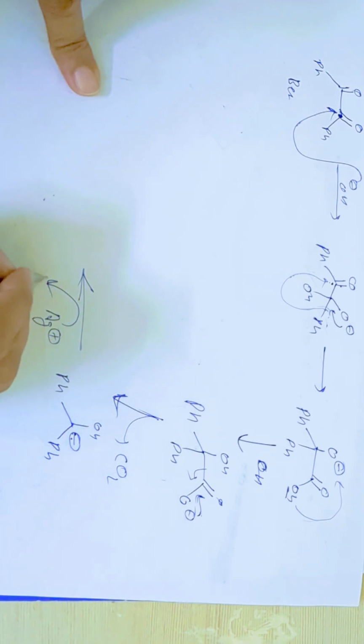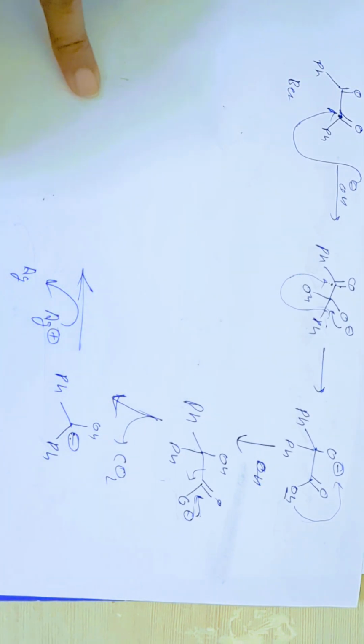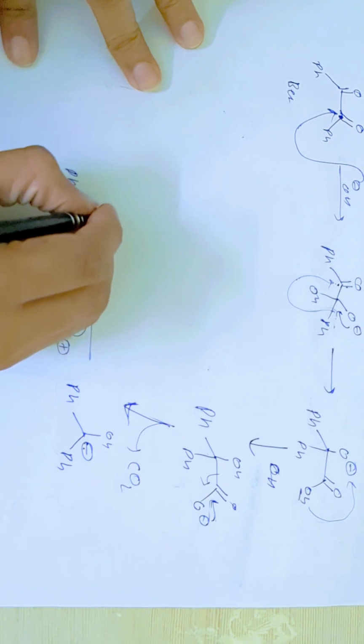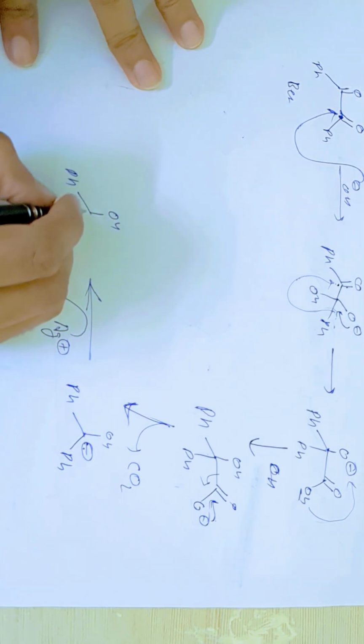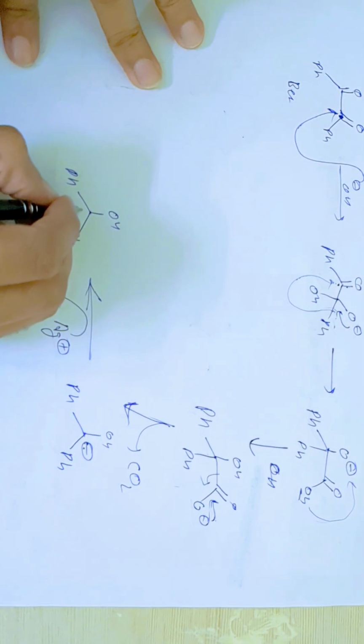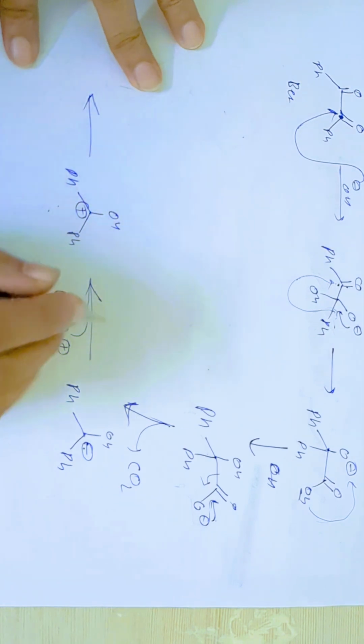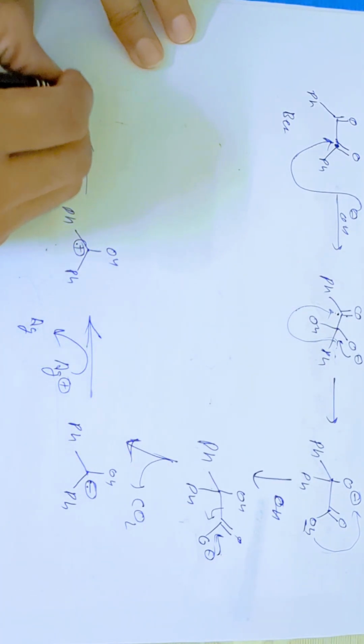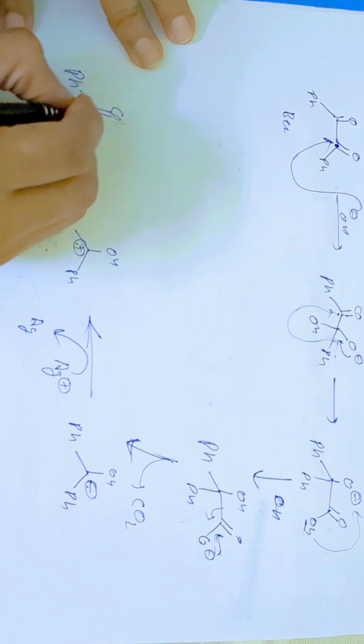takes this electron, single electron, and converts into elemental state and gives Ph and a positive charge, and again you can see here an electron deficient site, so it will be converted into this.